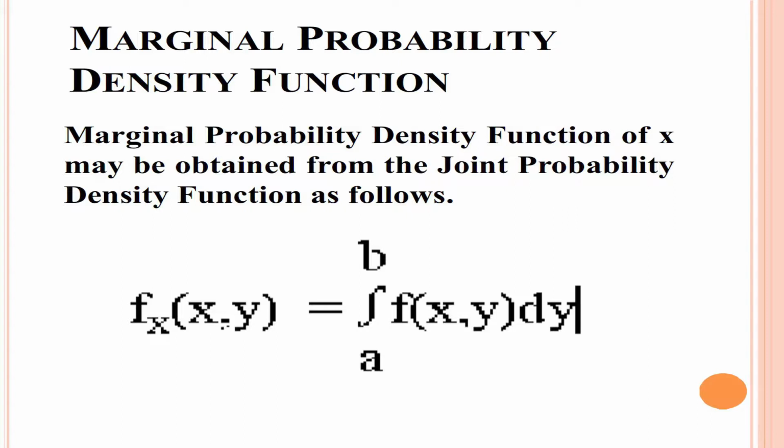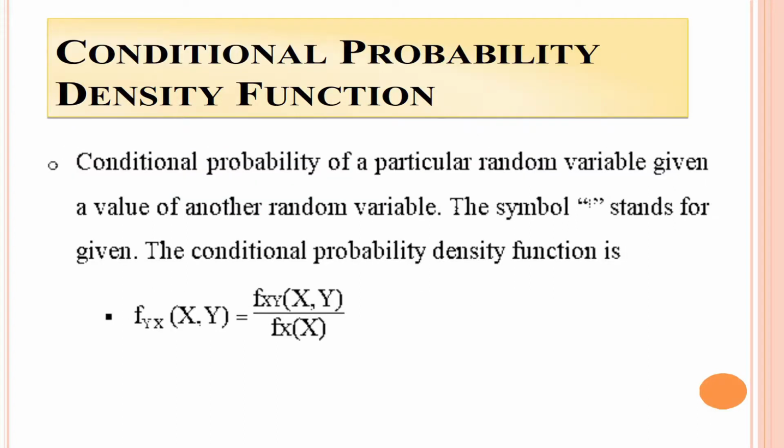Conditional probability density function may also be defined for a joint probability density function. It gives the conditional probability of a particular random variable given a value of another random variable. The vertical bar stands for given.